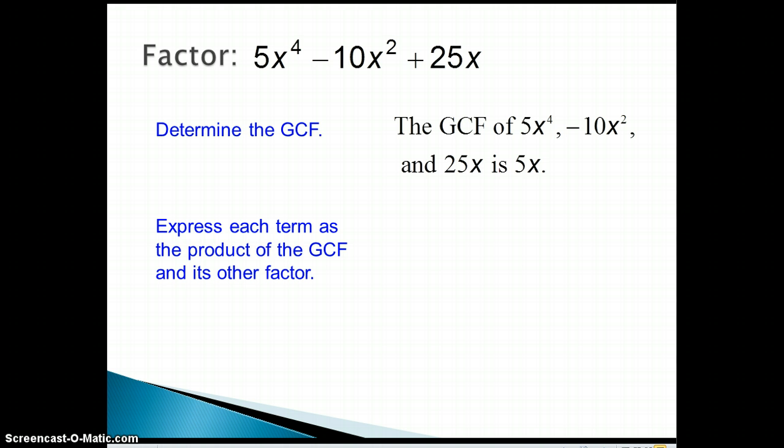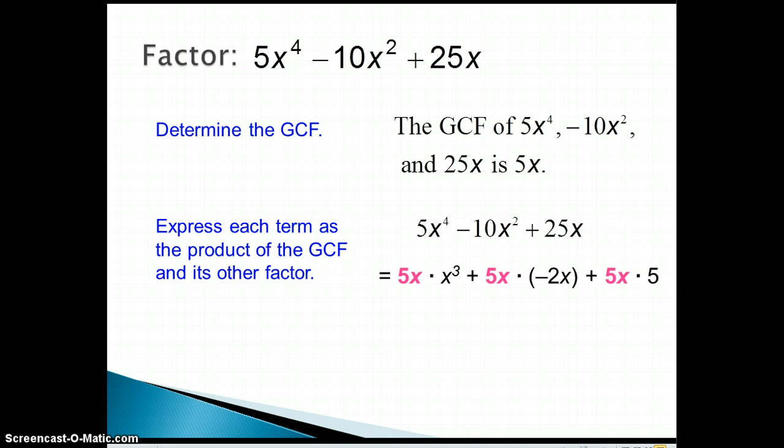Next, we're going to express each term as the product of that GCF and its other factor. So we're going to write each term as 5x times whatever other factor is left. So the 5x to the 4th will become 5x times x to the 3rd, because x times x to the 3rd is x to the 4th since we add the exponents.